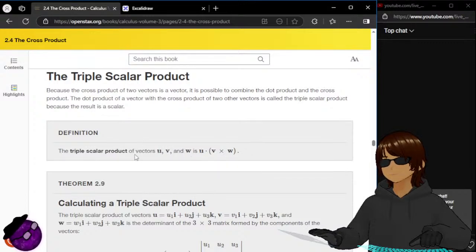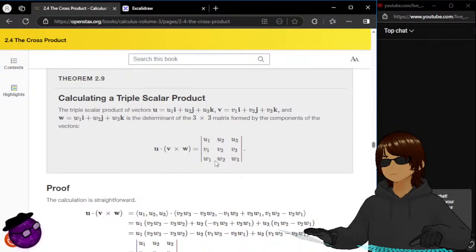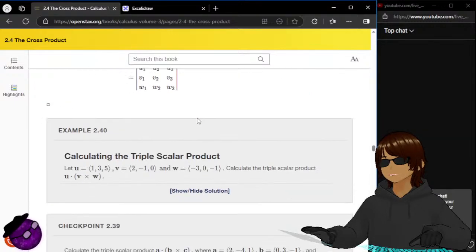The triple scalar product of U, V, and W is U dot V cross W. So we have, okay.